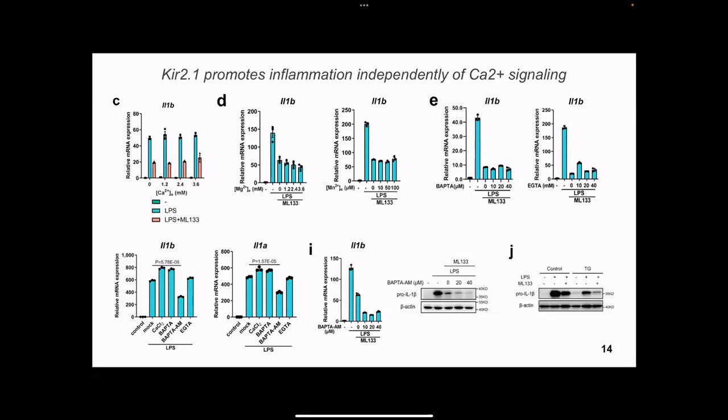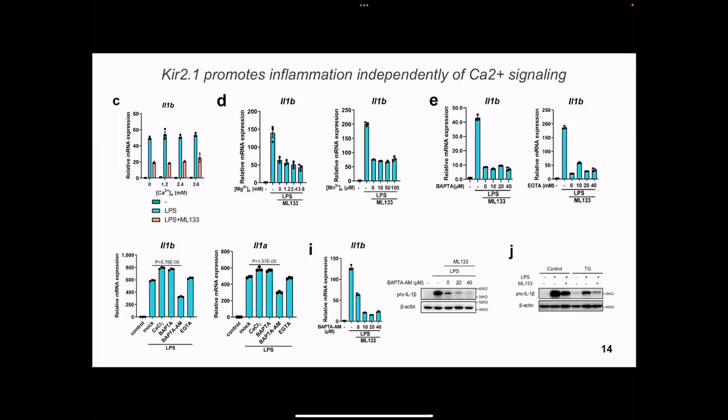In addition, when the extracellular calcium was chelated by BAPTA or EGTA, the effect of ML133 was not affected. And interestingly, in the setting of chelating the intracellular calcium by BAPTA-AM, we found that this treatment alone was sufficient to suppress IL-1 beta and IL-1 alpha, and ML133 had an additional effect on top of it.